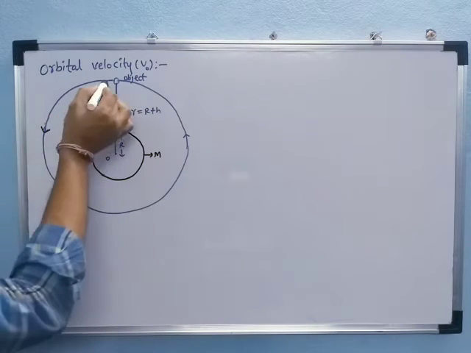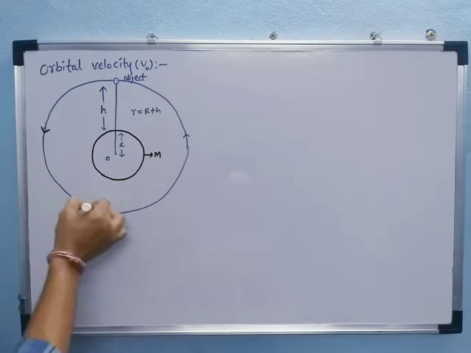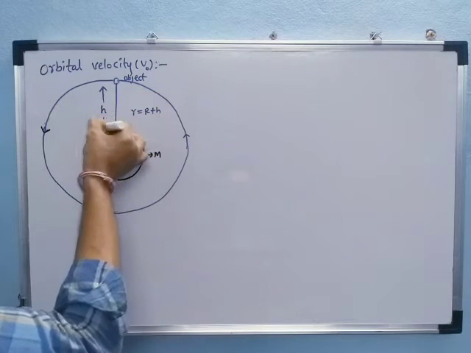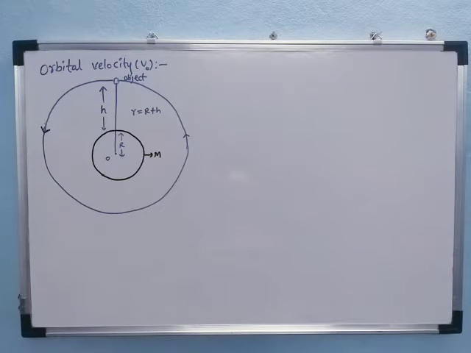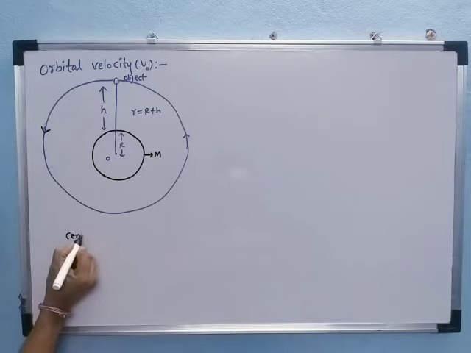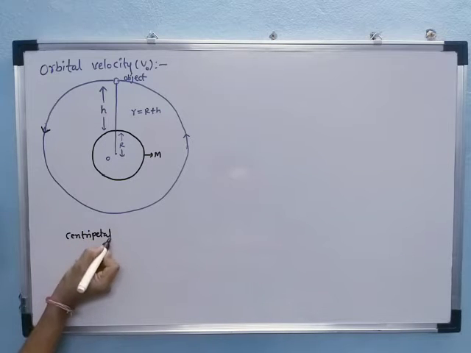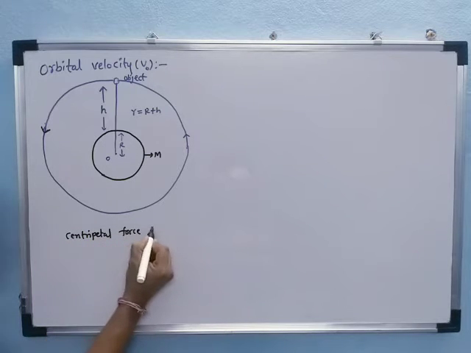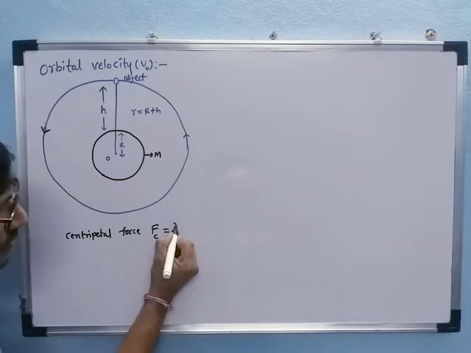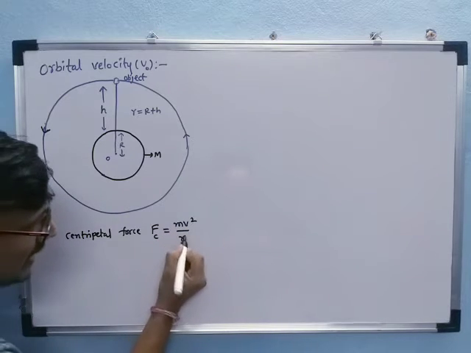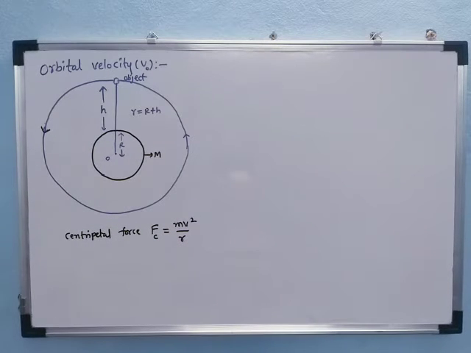Now when this object revolves in a circular orbit, the force directed toward the center is called the centripetal force. What is the formula for the centripetal force? Fc is equal to m v square by r.